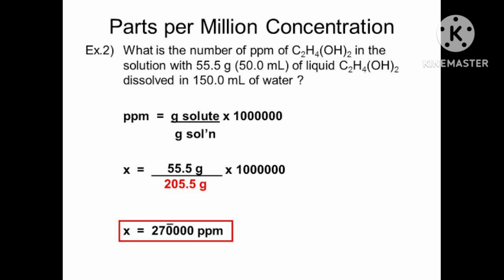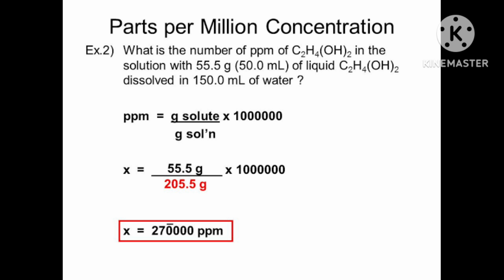For example, commercial bleaching solution contains 3.62 mass percentage of sodium hypochlorite in water. 3.62 means 3.62 gram of hypochlorite is present in water, and the total will be 100 gram.